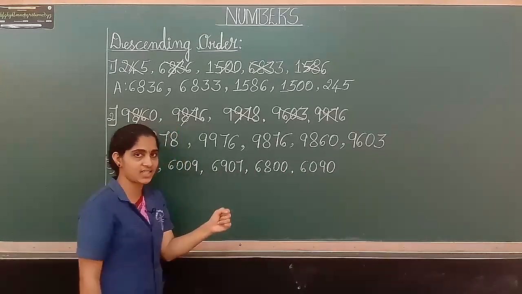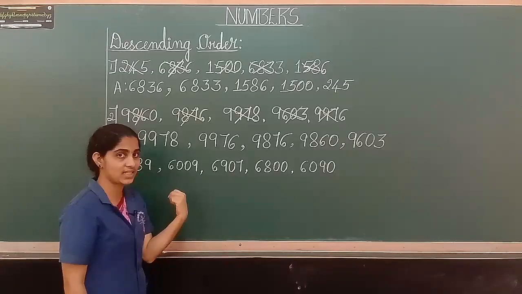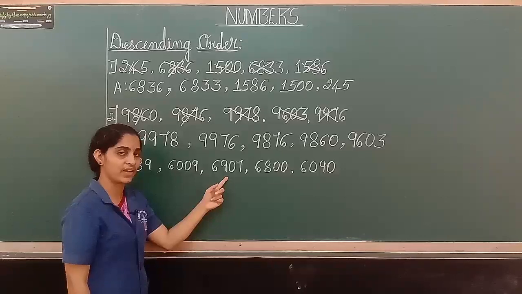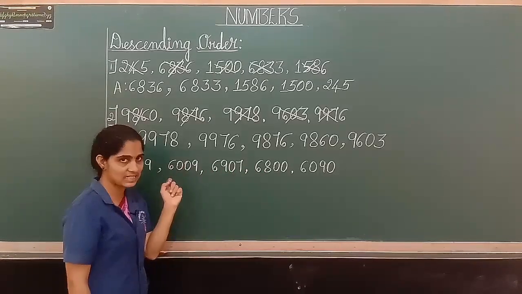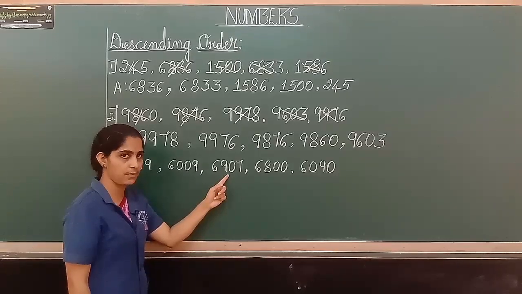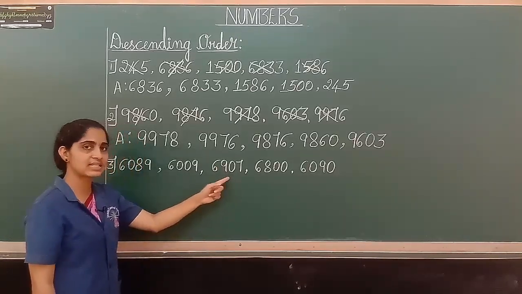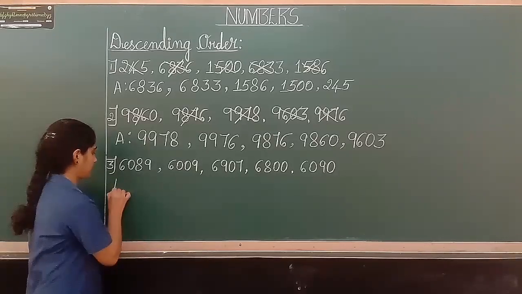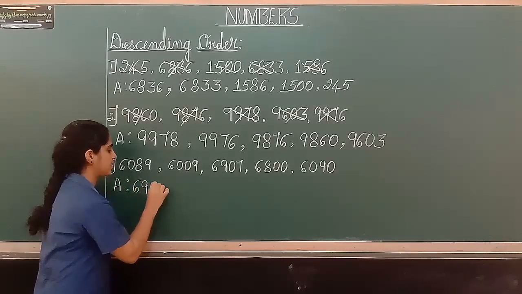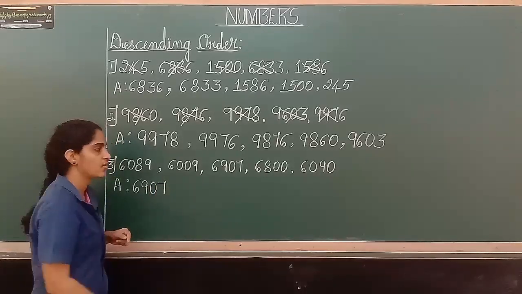So which is greater among all these digits? Correct. 9 is greater when we compare all these digits, right? So this number is the greater number. We have to write this number first. 6907 is greater.